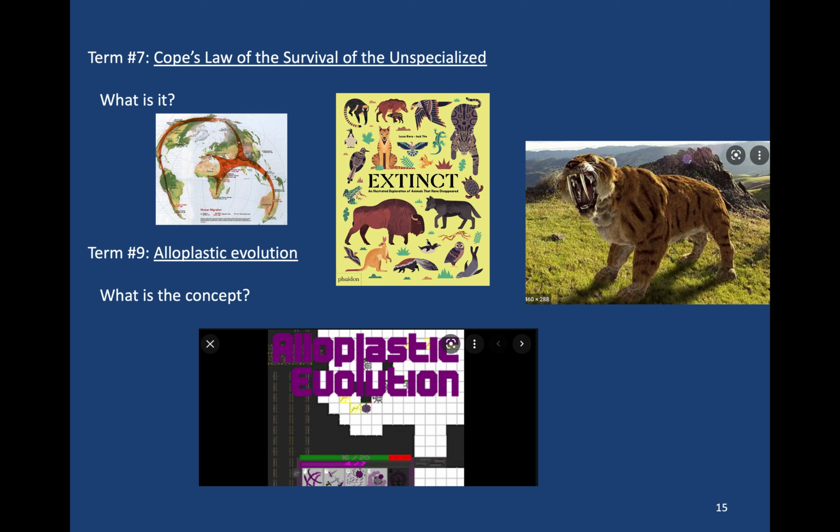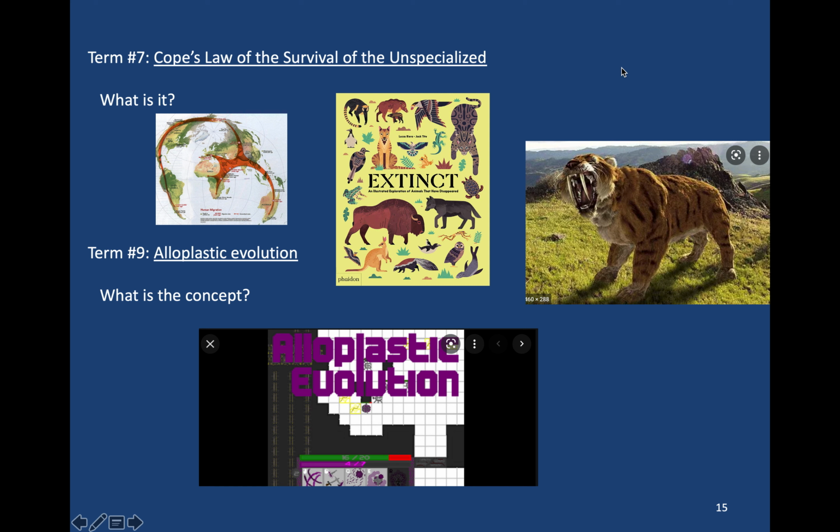And the reason is that it was designed very specifically for a particular environment that involved a particular game, particular prey, and it was very successful in hunting that prey. But once that prey was extinct, so too would the saber-toothed tiger become extinct. Because you can't eat berries and fruits and nuts or whatever with these kinds of teeth. That's just one example of the many, many, many animal species that have gone extinct over the years.